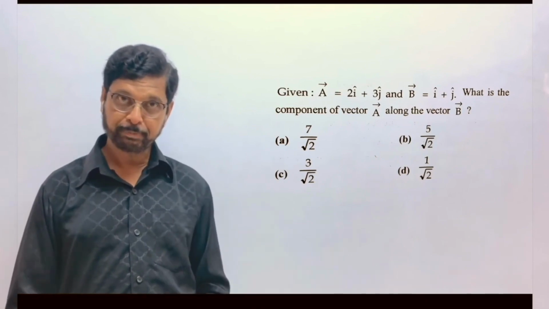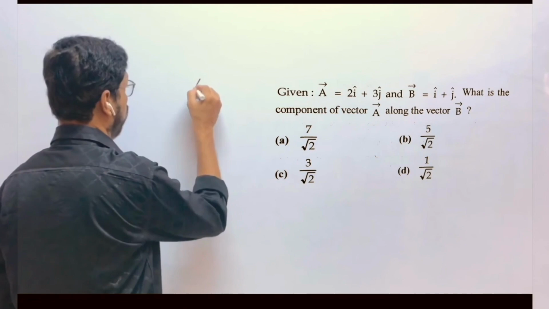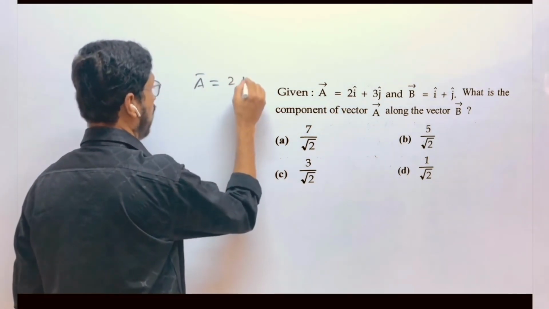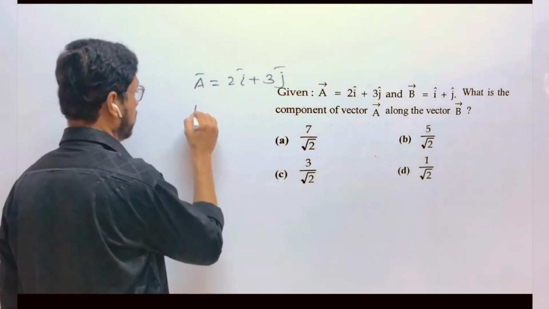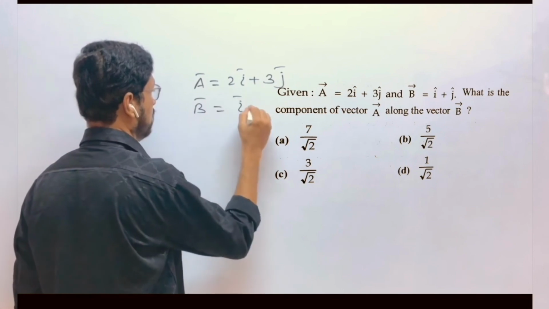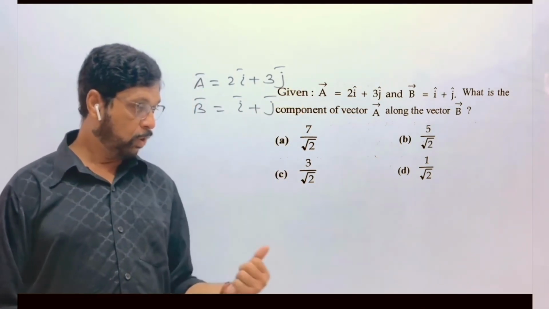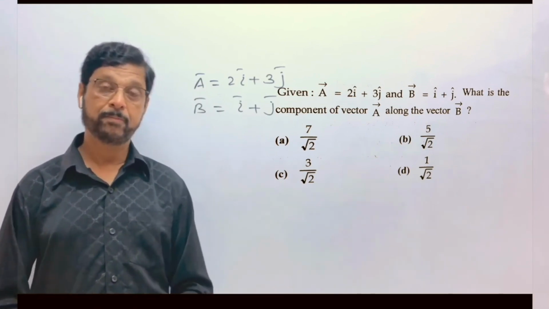Two vectors A and B are given. Vector A is given to be 2i plus 3j and vector B is given to be i plus j. What is the component of A along vector B?